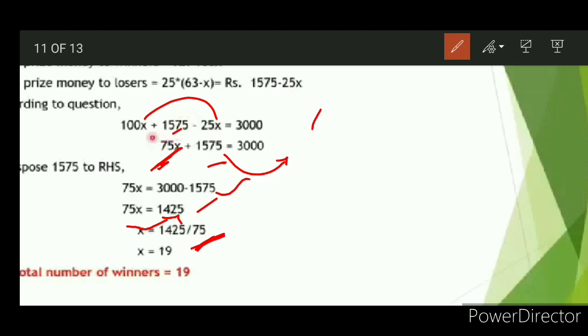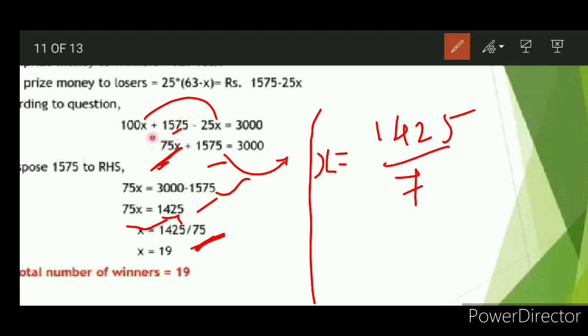Shall we start doing the calculation? See, x equals 1425 divided by 75. We know that it can be cancelled by 5. 5, how many times in 14? 2 times, 4 is the remainder. 40 will be 8 times. Again 2 remainder, 5 times. Here in 75, 5, 15 times.